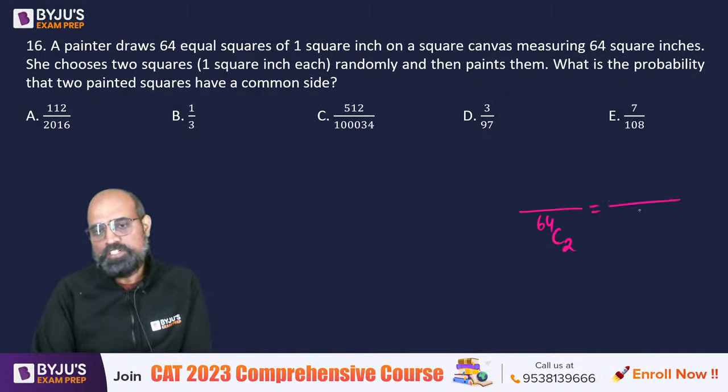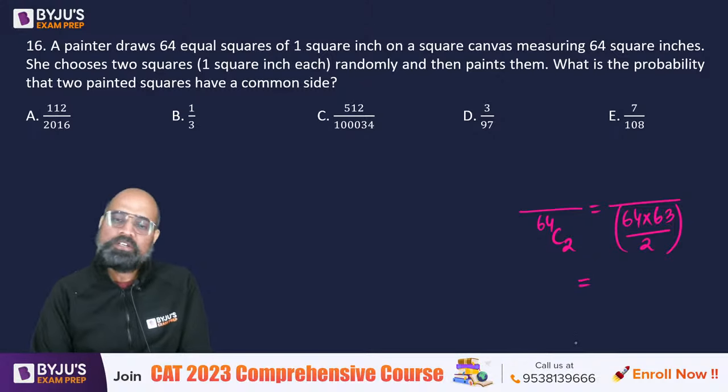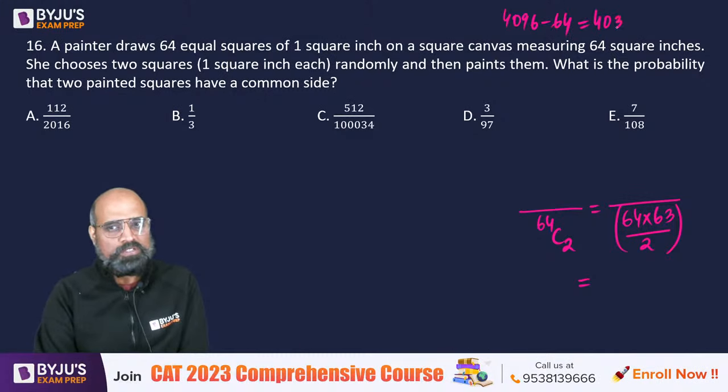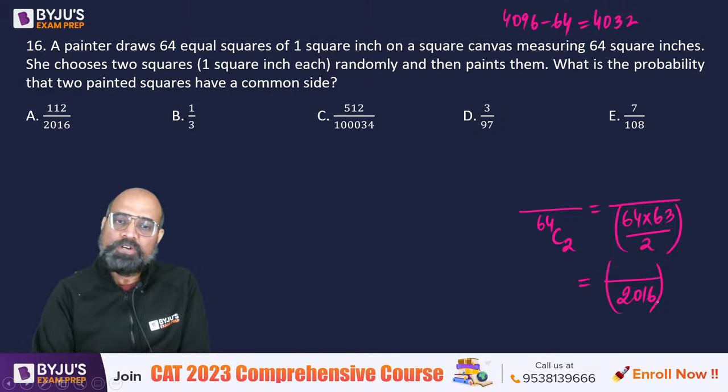What is 64C2? 64C2 is 64 into 63 divided by 2. And how much is this going to be? So 64 into 64 is 4096 minus 64. So this is 4032. So this is 2016. So 2016 is what you're going to have in the denominator.